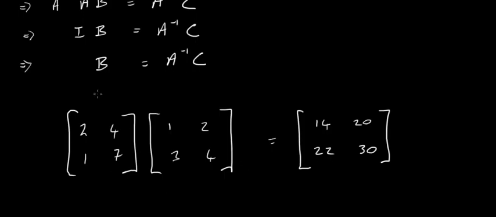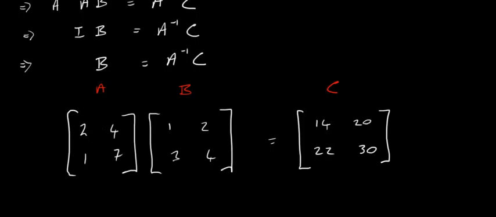Now let's say I want to get rid of, this is my A here if you like, I'll do it in a different color. Let's say here, this is my A, this is B, and this is C here. Now I want to get rid of A from this side here. So we already have the inverse of this here.